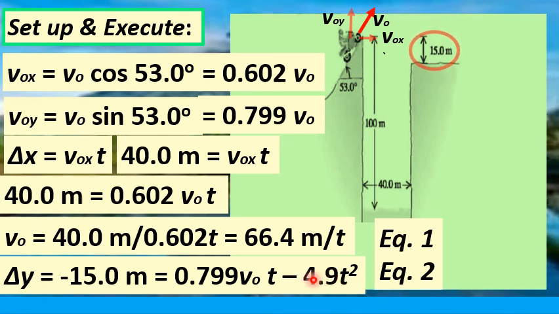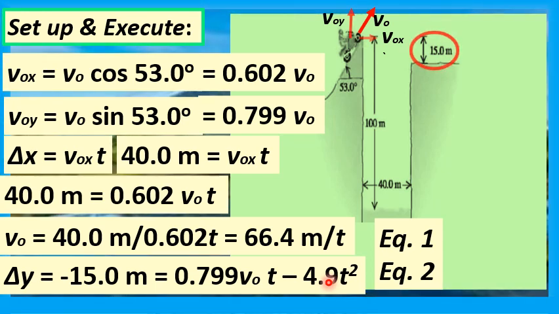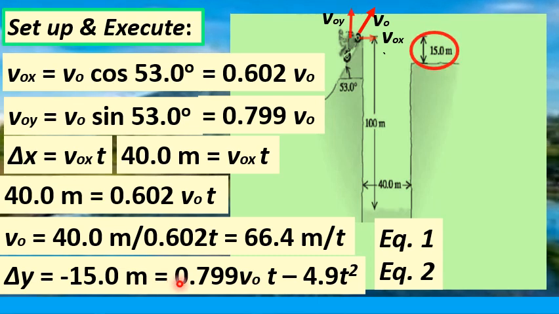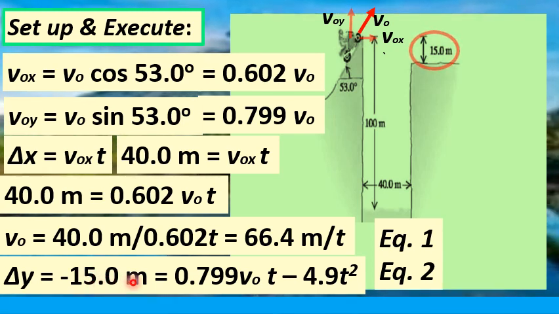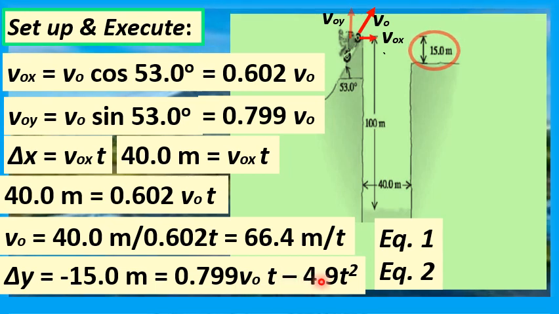But we already simplified 1/2 of the acceleration due to gravity, where g is considered negative. So our equation number 2, therefore, is given here as negative 15.0 meters, the y displacement of the cyclist after time t, equated to 0.799 v0 t minus 4.9 t squared.